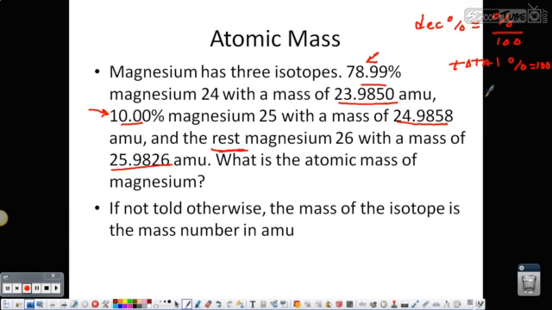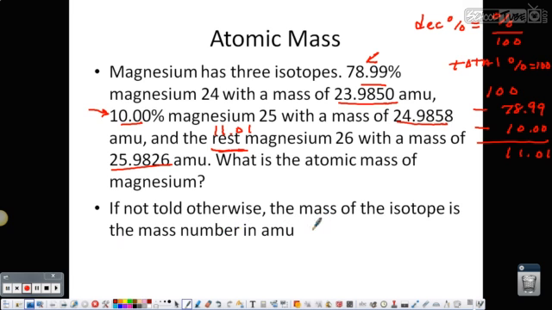To find the other percentage, it's 100 minus 78.99 minus 10.00 in your calculator, and you come out with 11.01. So this percentage is 11.01. Now let's do the decimal percentage.